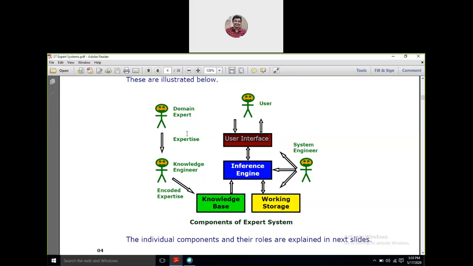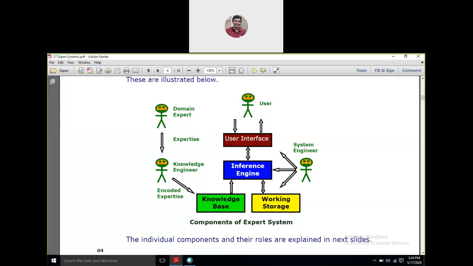The domain expert is not a technical person. He just has expertise in his particular domain, right? Maybe he's a financial expert, maybe a medical expert, or he has architectural expertise. So the domain expert is somewhat like this.